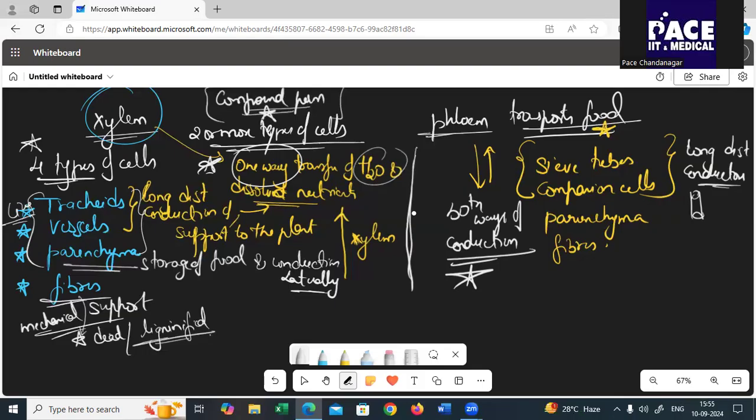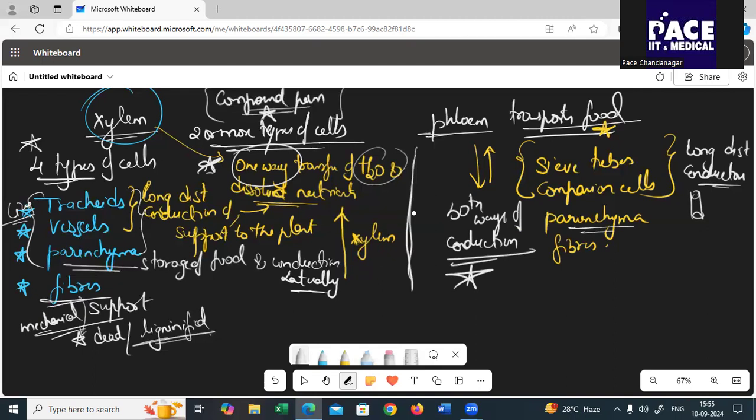And parenchyma is again the storage, because we are talking about plants, so we definitely want this storage also here. The chief conducting tissue for the food is your phloem, whereas the chief conducting tissue for the water and your nutrition is your xylem there.